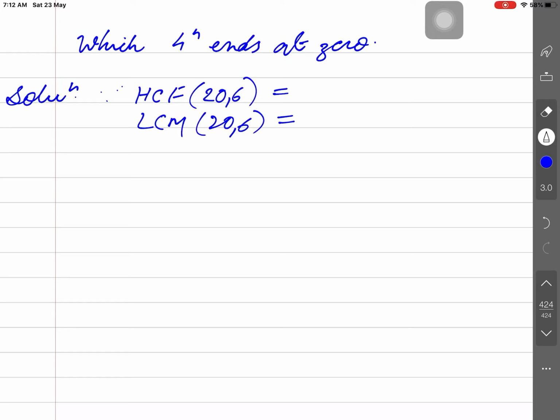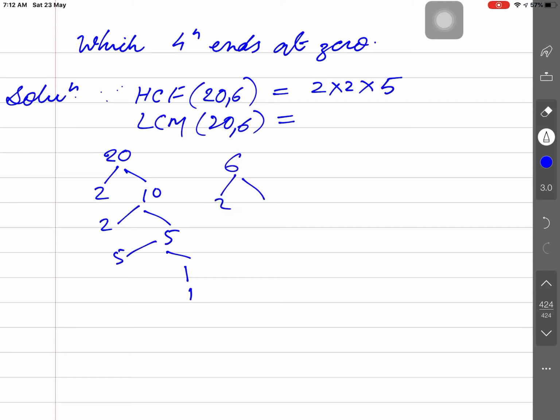So do you know prime factorization? 20 goes in 10 times, 10 goes in 5 times, 5 is there also, and then 1. Again I am telling you, this is the factor tree, please remember. So the prime factorization is 2 into 2 into 5. Again here, 6 also has prime factorization 2 and 3, each once, right?